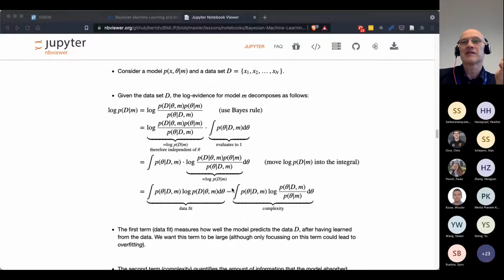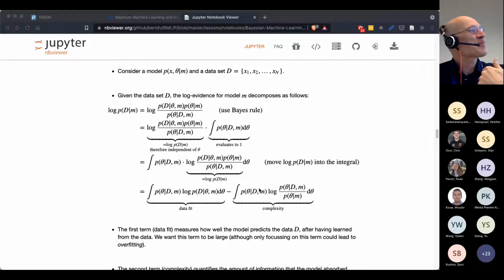Just think of it as the distance between these two distributions. If they would be the same, this integral would be 0. And if they are different, this integral is greater than 0. And if these two distributions are more and more different, then the KL divergence will increase. You want to minimize this, right?